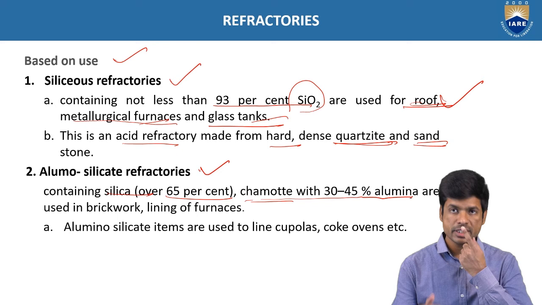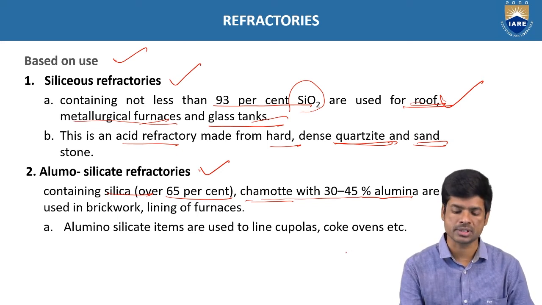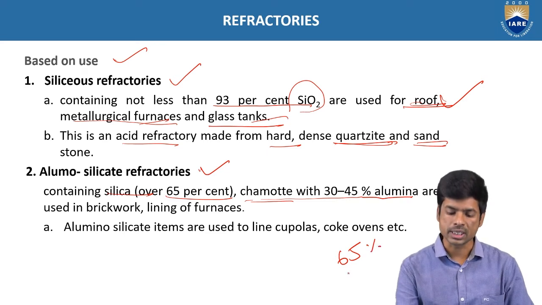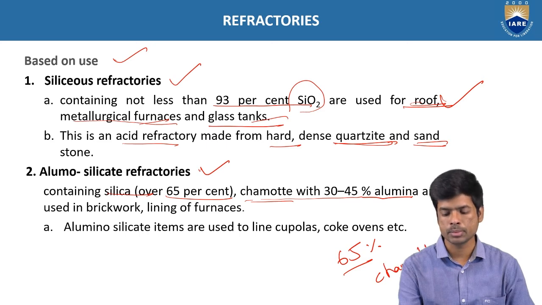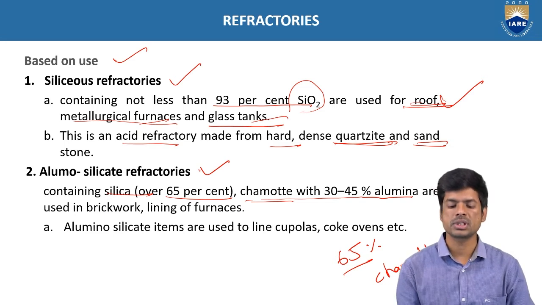So in these aluminosilicate refractories, the silica content is more than 65 percent, and along with silica we also have chamote. Chamote is one of the types of clay, I mean calcined clay, with a proportion of 30 to 45 percent of alumina.